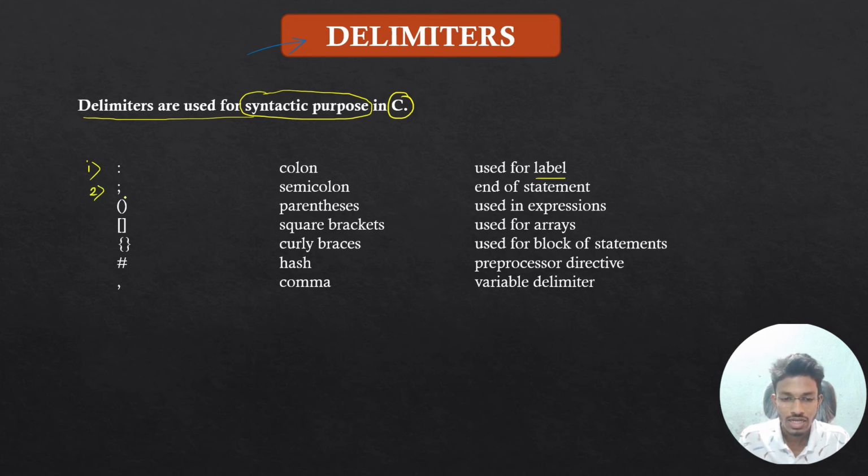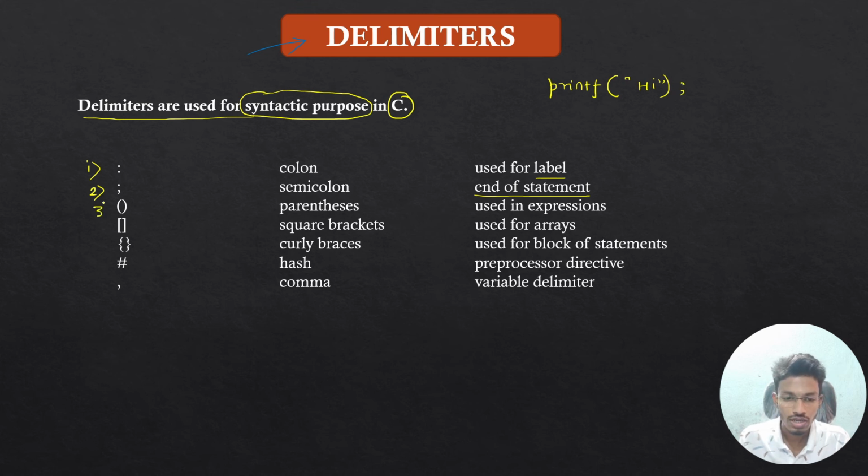The second one is the semicolon, which marks the end of the statement. Suppose I am writing one line in C using printf for printing a statement, don't worry about this, I will explore it in upcoming lectures. If I want to terminate it, we will use this semicolon.